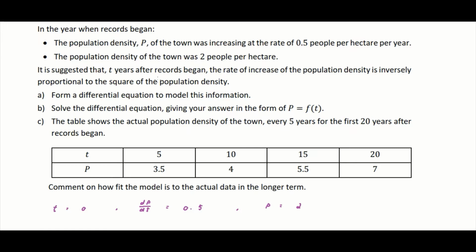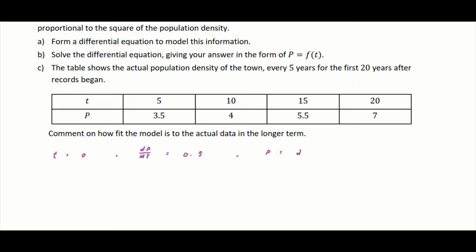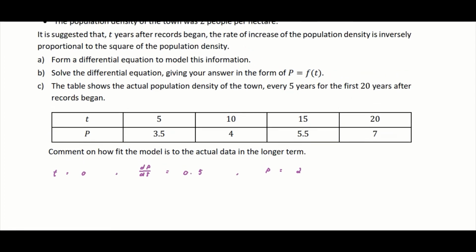It is suggested that t years after the records begin, the rate of increase of the population density is inversely proportional to the square of the population density. So how can we write that? You should not write it in the same row, so you are not confusing it with what happened when t equals 0 only.